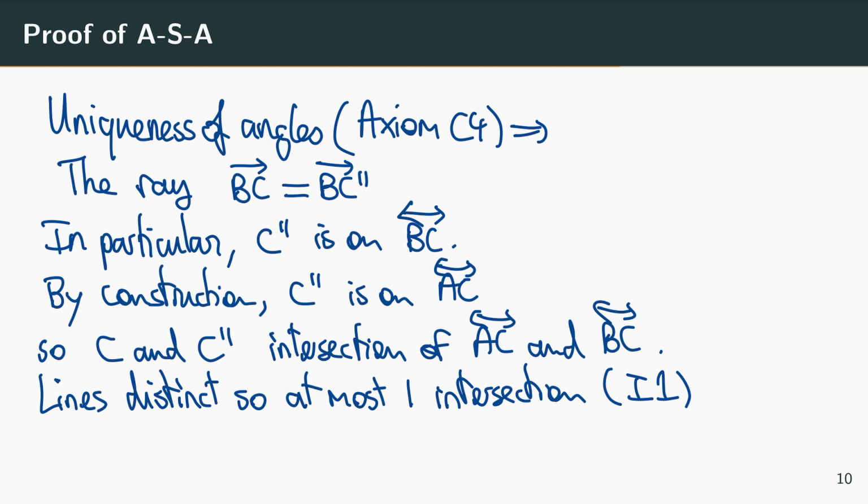The first incidence axiom tells us that there's a unique line between two points. So if we had two points of intersection, the line would have to be the same line. Okay, so we have at most one intersection of those two lines, which means that C equals C double prime, and we're now done.